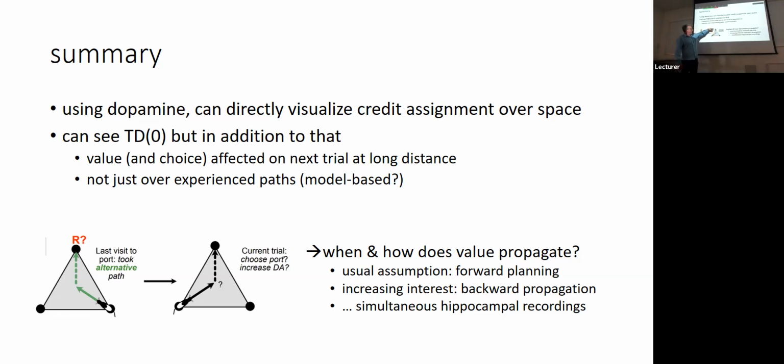We don't really know when, between the time the animal gets to the reward and the time he next gets to the location where his brain is reflecting that reward, the information moves from one place to another. It could be that he's thinking ahead. It could also be that he thinks backwards when he gets the reward and updates things all along different parts of the maze. And that seems in our models of the data to fit better. It's really going to take looking at hippocampus and so on to find out.